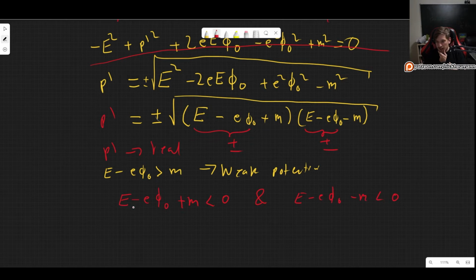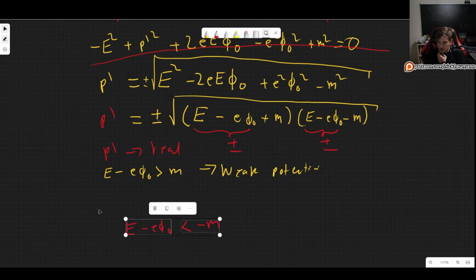It's easier to look at this expression, because if we have E minus E phi 0 smaller than minus M, then this is smaller than minus M, and when you add minus M, there's no way that's ever going to be positive. That's always negative. So this condition is sufficient for us to know that P prime is going to be real.